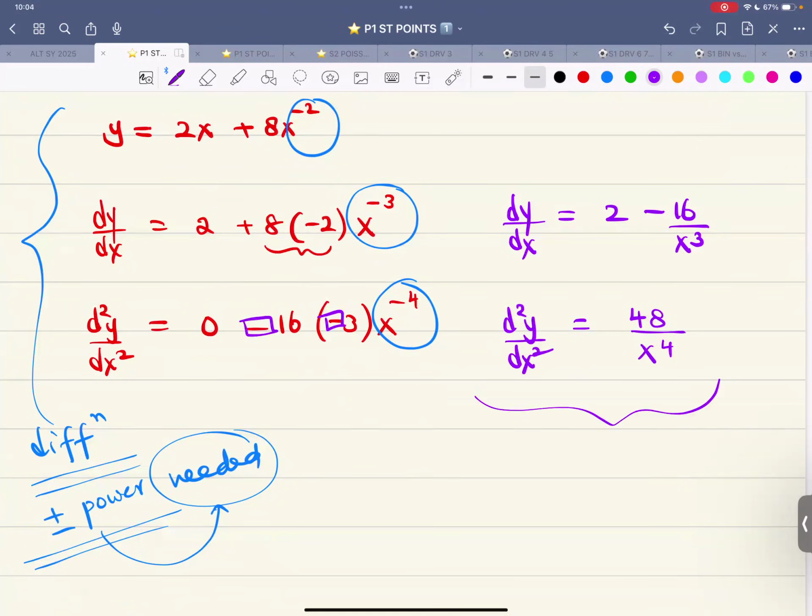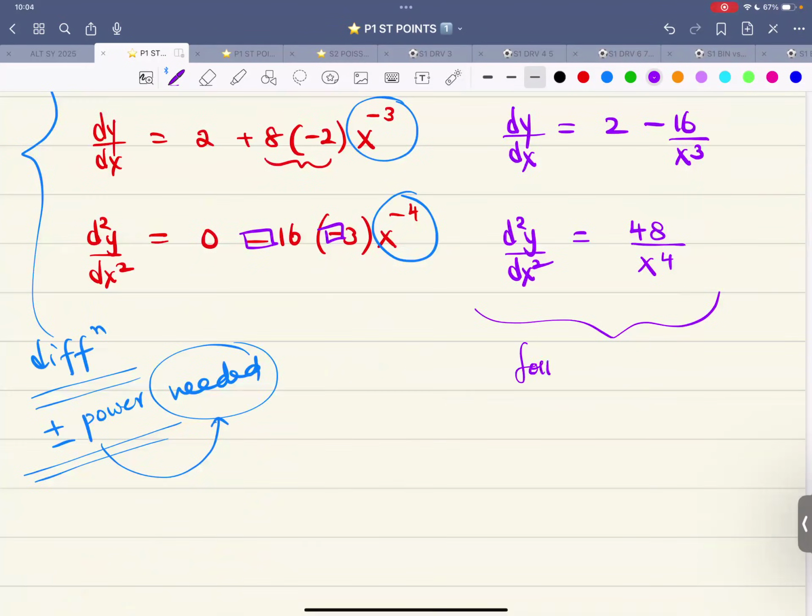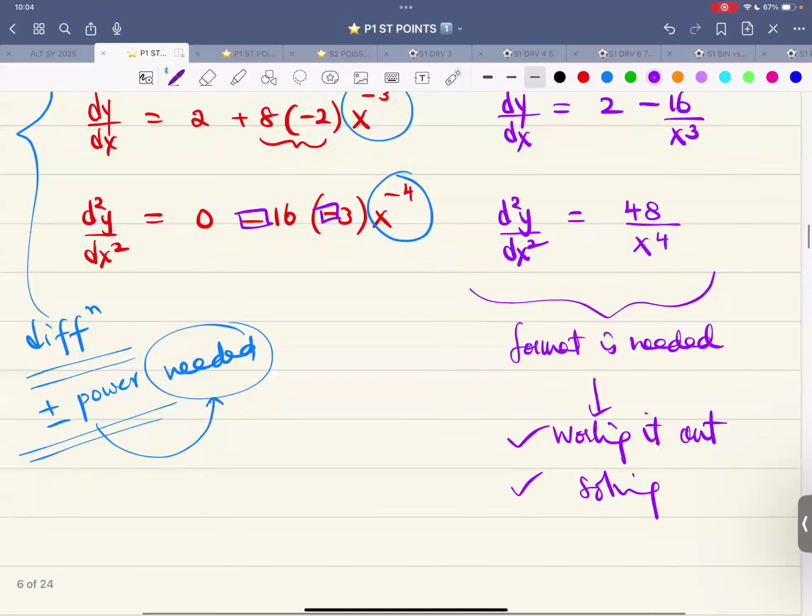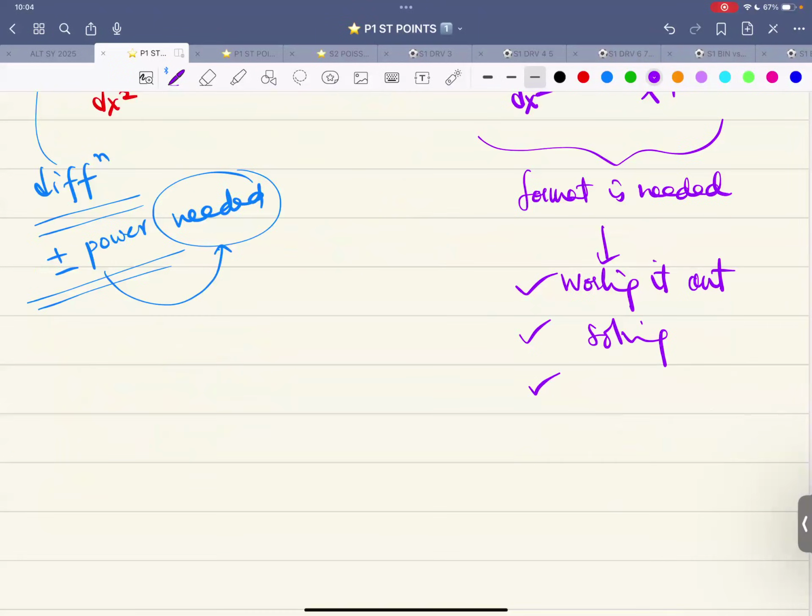So this particular format is needed for working it out, solving, and that is the proper way to write it.